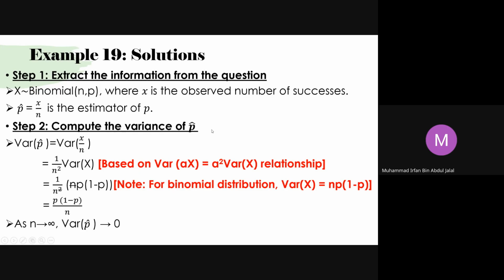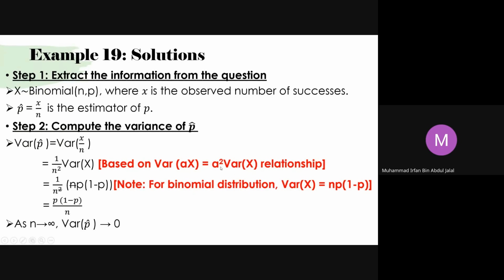In this case, we need to use the well-known result for the variance. The variance of P hat will be equal to the variance of X over n, because P hat equals X over n. Based on the relationship that variance of aX equals a squared times variance of X, we can factorize: X is the random variable, so 1 over n can go outside, but we need to square it.